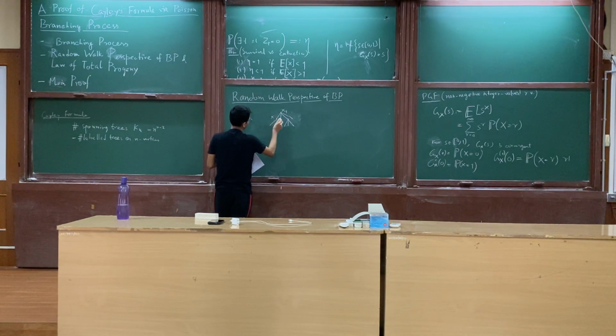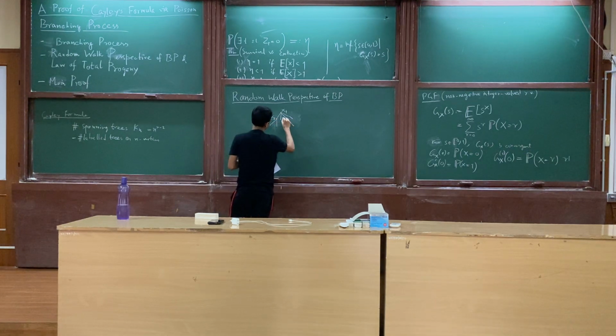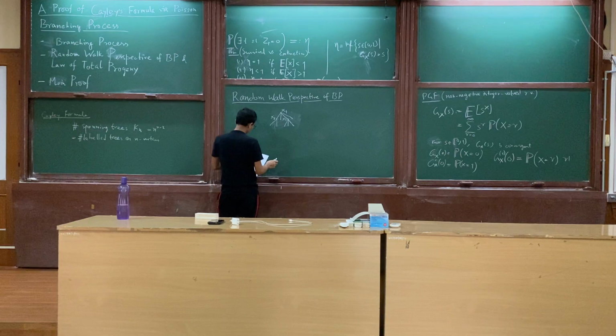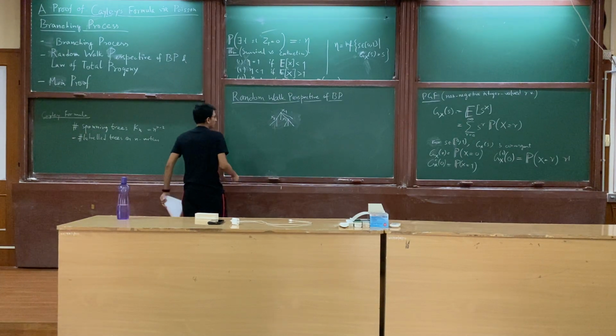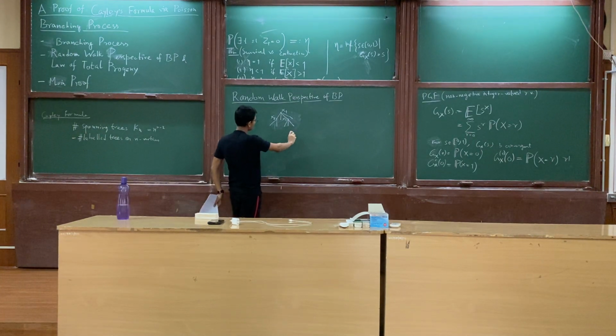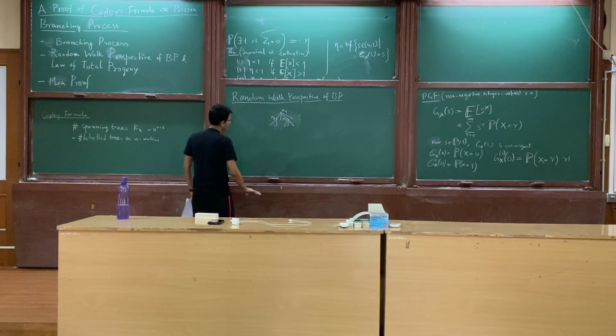So let's say this generates some X2 number of particles, this generates some X3 number of particles, and so on. As you can see, this also generates the same branching process, but it goes differently.